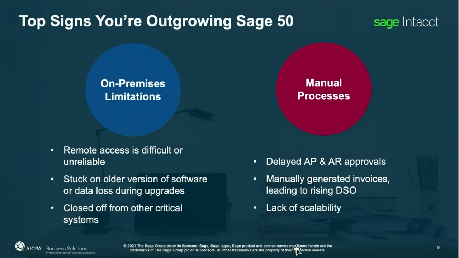Those upgrades can feel like a re-implementation, and any kind of integrations you need to do can be expensive and difficult to build, may even require you to hire an outside consultant to do that, and that can get even more expensive. We've also heard about performance declines as users and transaction volumes increase, as well as a few customers have said that their system crashed and they lost all their financial data in the midst of doing an upgrade.